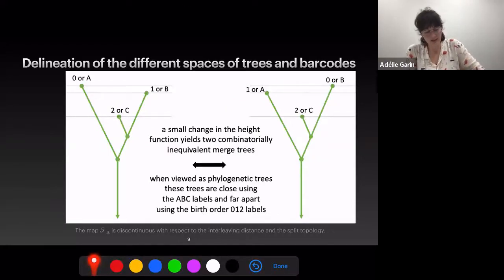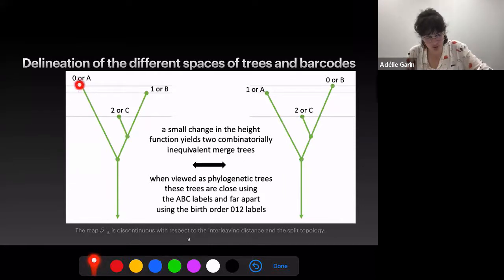So basically, if you take the label given by here, ABC and ABC, which is arbitrary, so that would be the phylogenetic label, then you have a continuous change in the phylogenetic tree space. But if you take the label inherited by the height function, then between those two trees you just have a small change here.